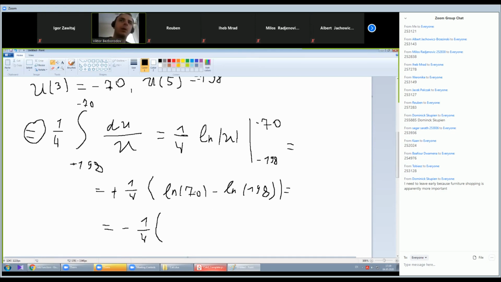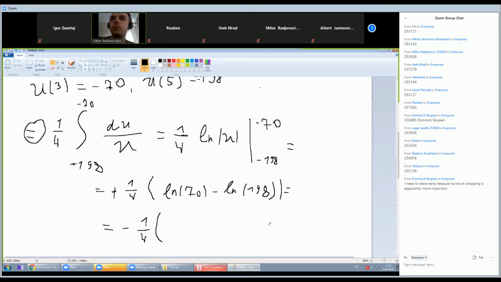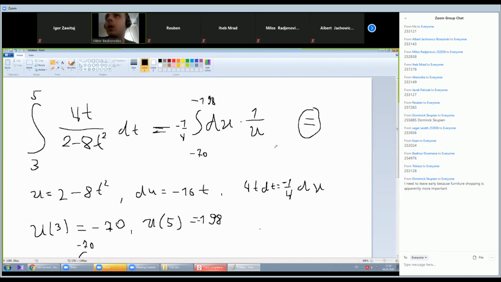Okay, so the logarithm of 70, for example, equals the logarithm of 2 plus the logarithm of 35, right? So remember that. Let's say the logarithm of 70 equals the logarithm of 2 plus the logarithm of 5 plus the logarithm of 7, because 2 times 5 times 7 is exactly 70.